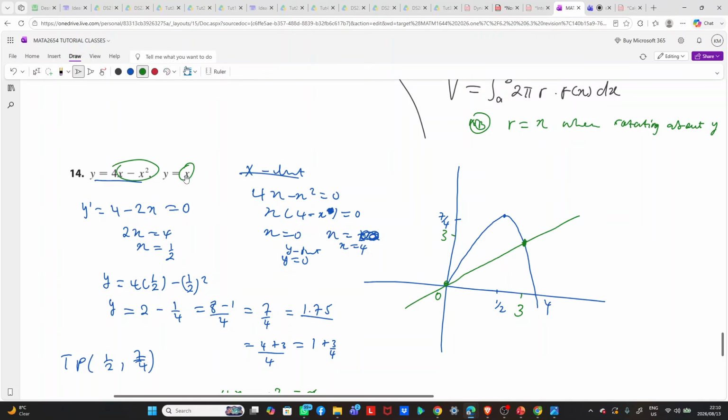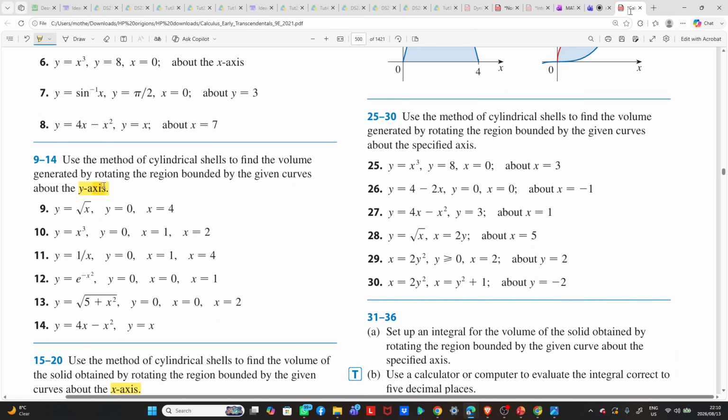Okay. Then, yeah, this is something like that. Then where is the region that is bounded? The region that is bounded is this one, by those two curves. And we are rotating about, let me see again, about the y-axis.